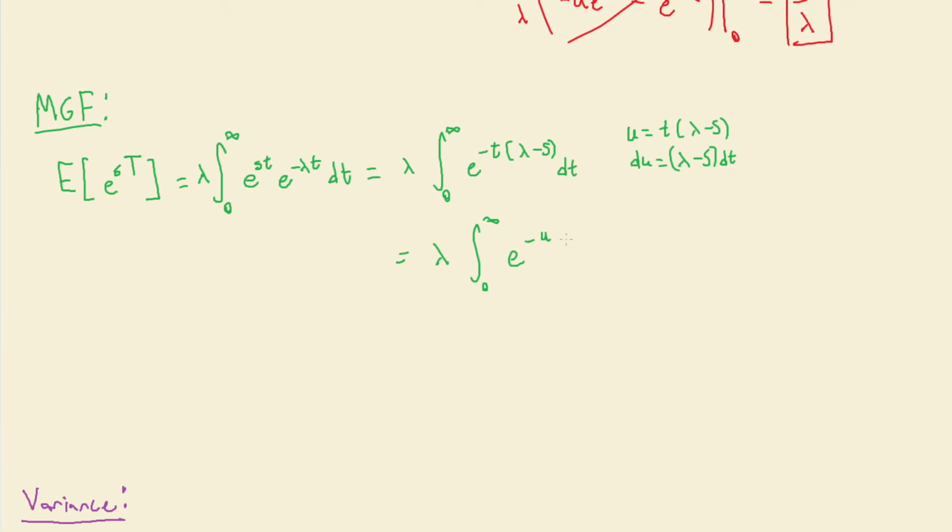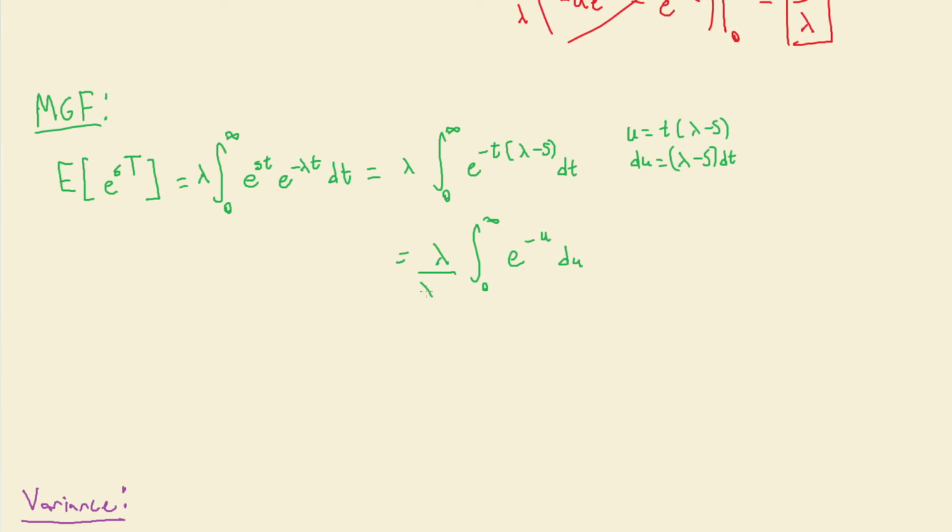We get negative u. And if I wanted to plug in du here, I'd have to solve for dt. That's du over that expression there. So this is going to be du, and then we're dividing this whole thing by lambda minus s. But since lambda minus s is a constant, and neither s nor lambda are the variable of integration, we can just pull that out.